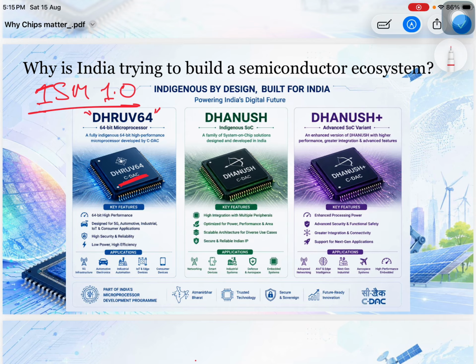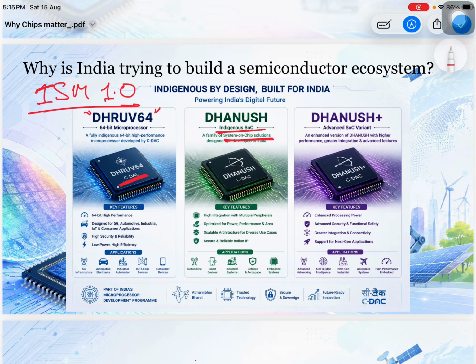Dhanush is an indigenous SoC. What is SoC? System on chip solutions. It is more than a processor. You can understand that this one processor is equivalent to one computer in itself. All right. And then we have Dhanush Plus.